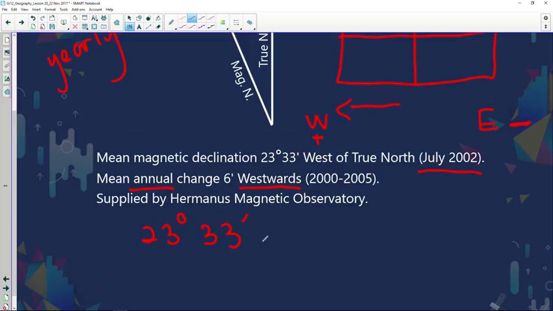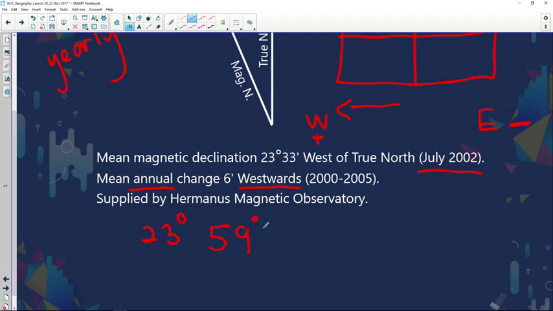So let's say, for instance, this is 33 minutes. So our next minute is going to be what? 34. So let's say, for argument's sake, this was 23 degrees, 59 minutes.